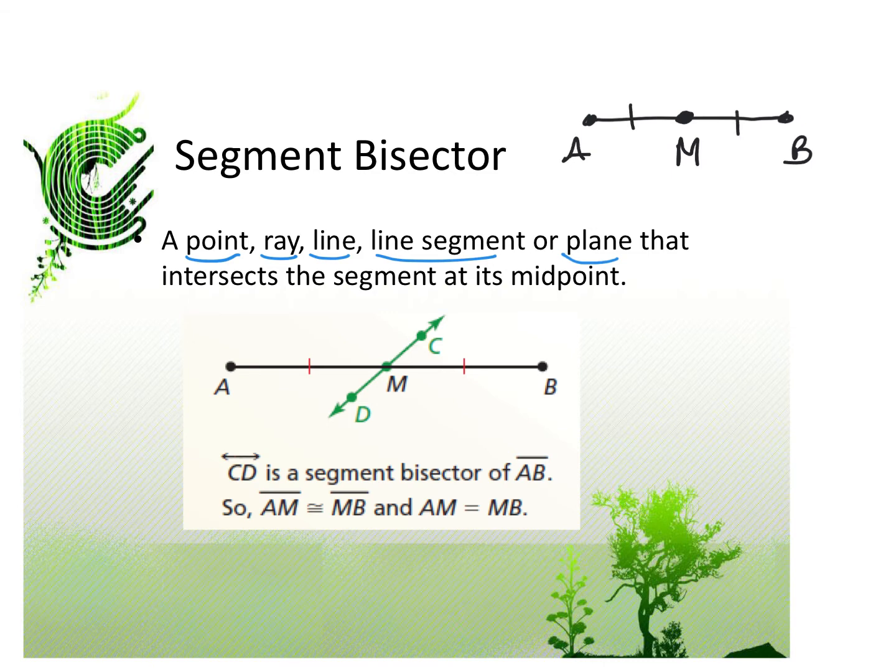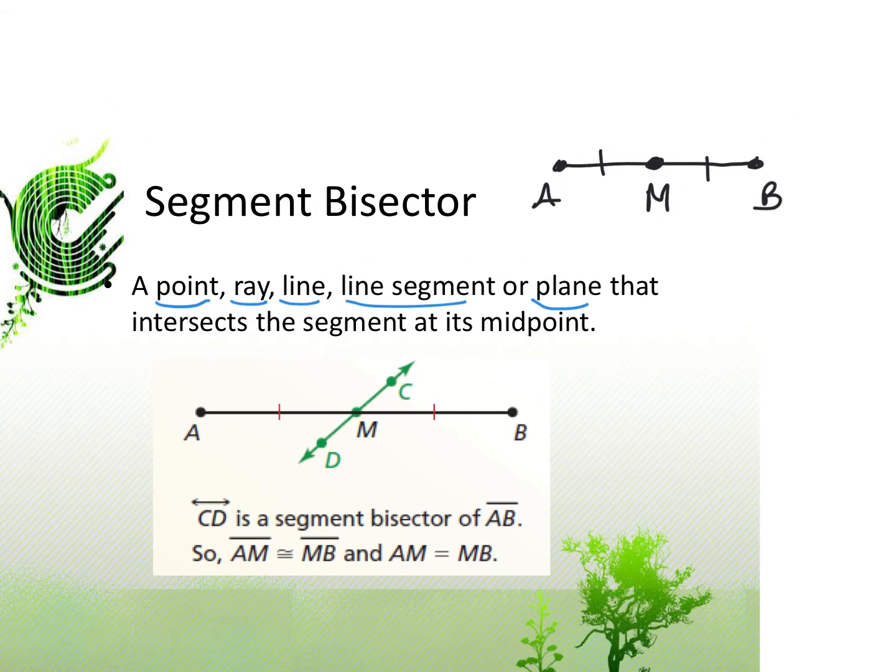I could also bisect that segment with a ray. It doesn't have to slice through it. I could also add in an arrow and say a point here, and let's call it C. This would be a bisector, and I could say that ray MC bisects AB.